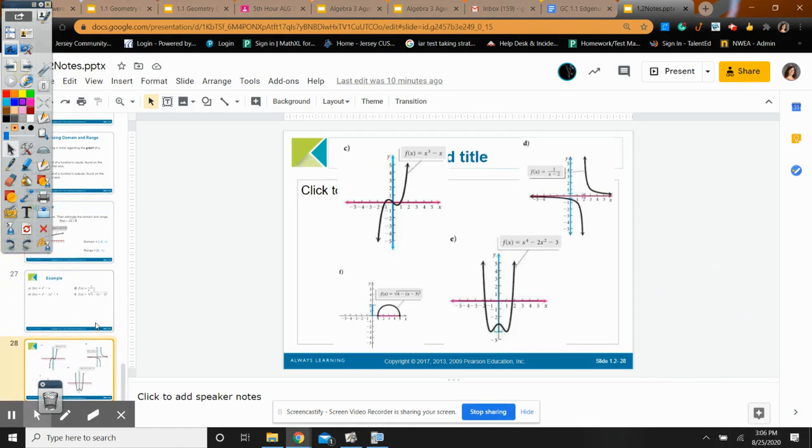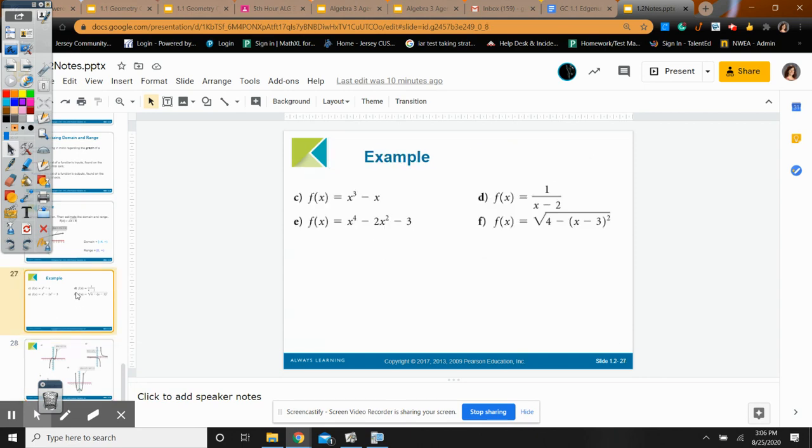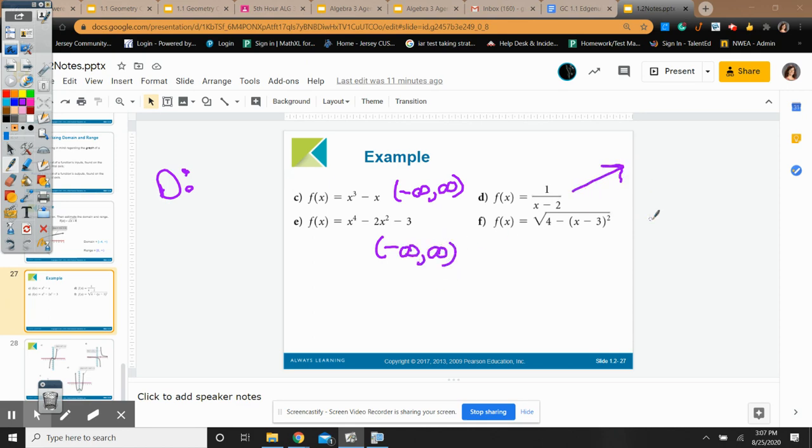Last things here, they just want to know domain and range, I think. Yep. How about domain and range here? Let's do domain first. Any risk factors here? No, that'll be negative infinity to positive infinity. This guy, does it have any risk factors? No, that's also negative infinity to positive infinity. Does this guy have a risk factor?